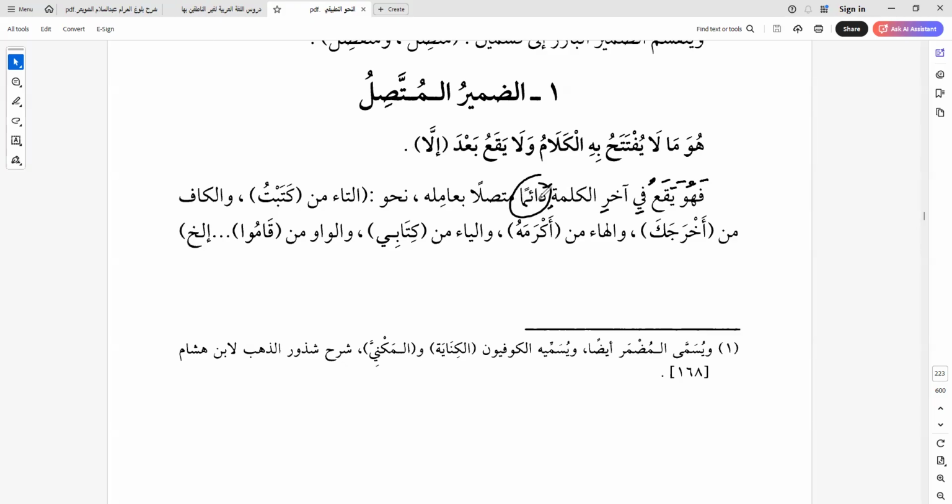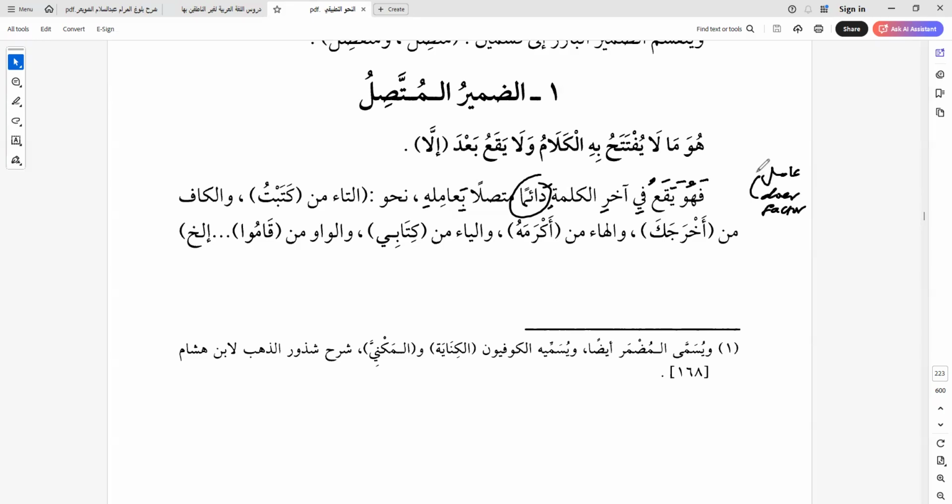So ضمير متصل is always found at the end of a kalima, or it's always appearing at the end of a kalima. متصلا بعامله, right? Connecting to the amil, the doer, right? Al-amil can be a factor. It's connecting to its factor.